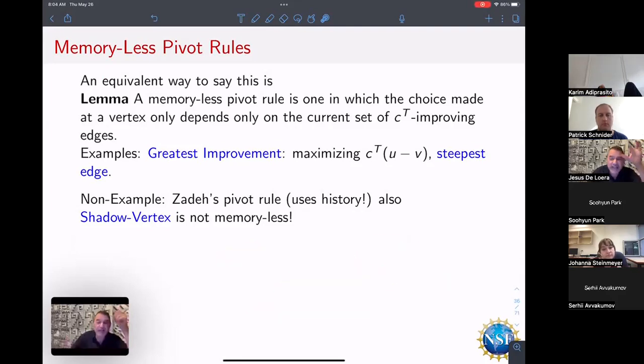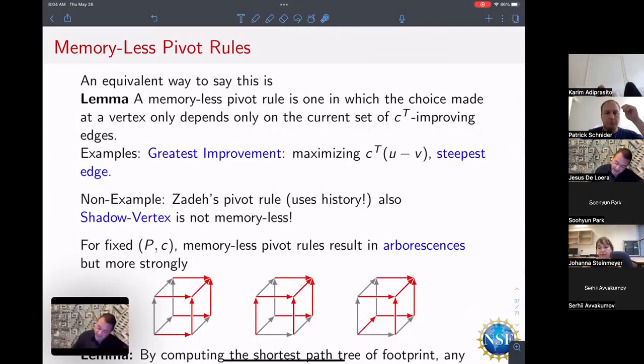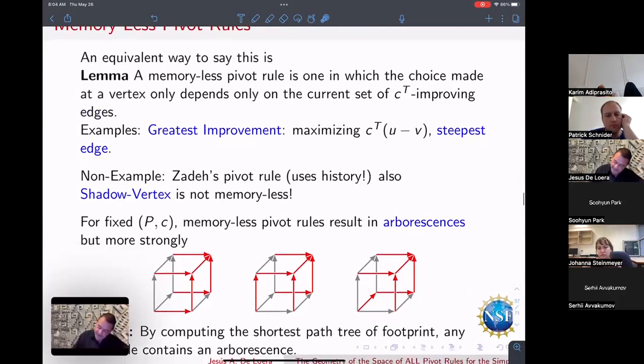So you create cycles if you do that. Because in the way that people implemented the shadow vertex rule, they started the projection with every vertex. We don't do that anymore. Our modifications of the shadow vertex pivot rule don't restart the projection with every vertex. We just stick to one projection, and that's it.